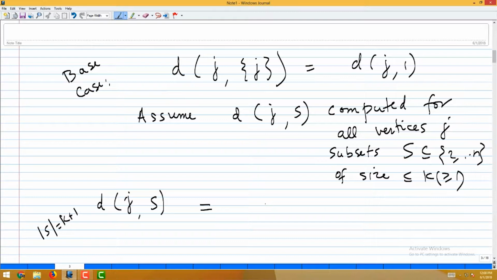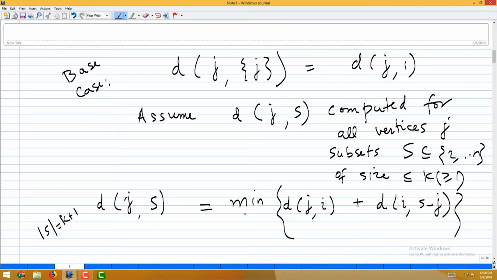How do I go? Everything is a neighbor, it is a complete graph, right. So, I go from j to some i in S, start from i, d(i, S minus j), plus d_ji, and find the minimum of that, over i in S, because you want to visit S minus j.